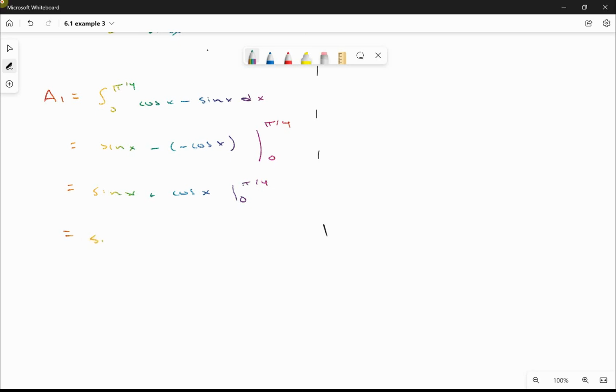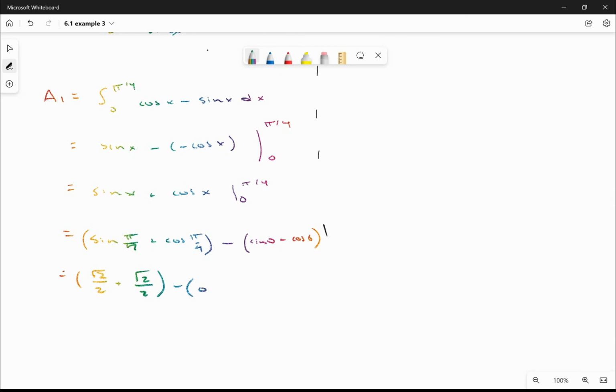And now evaluating, we have sine of pi over 4 plus cos of pi over 4, minus sine of 0 plus cos of 0. Sine of pi over 4 and cos of pi over 4 are both square root 2 over 2.